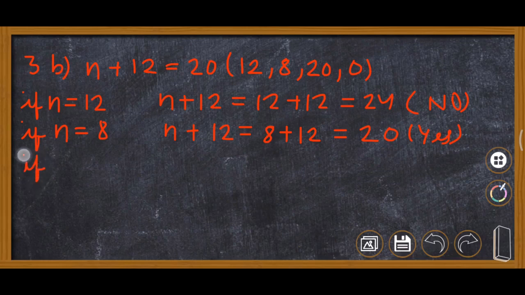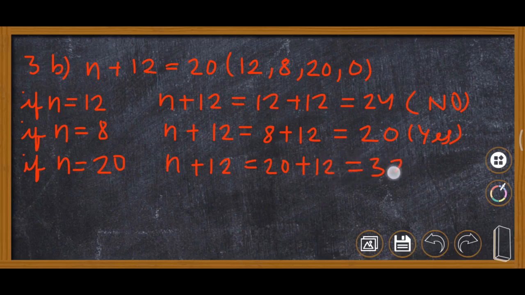But we have to put all the values, so n is equal to 20 now we will put. Then n plus 12, then 20 plus 12, it is 32, and 32 is also no, because 20 is yes.